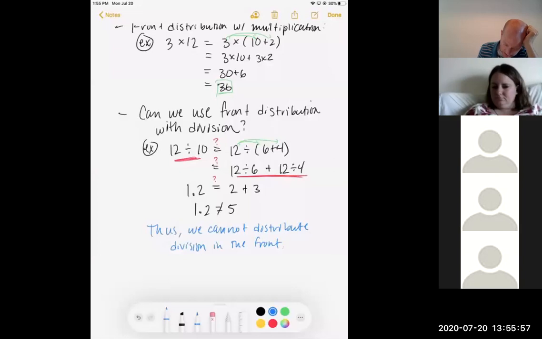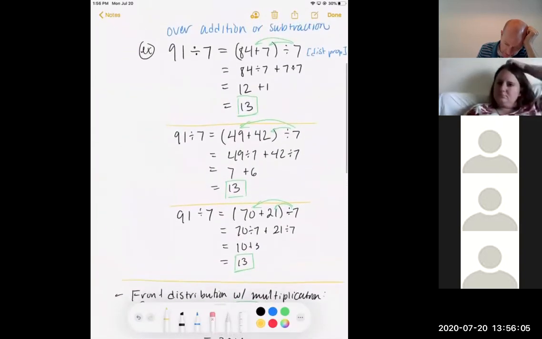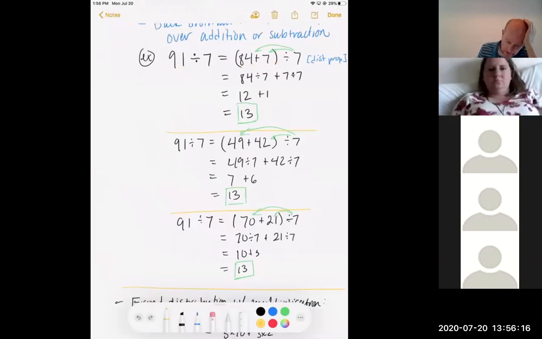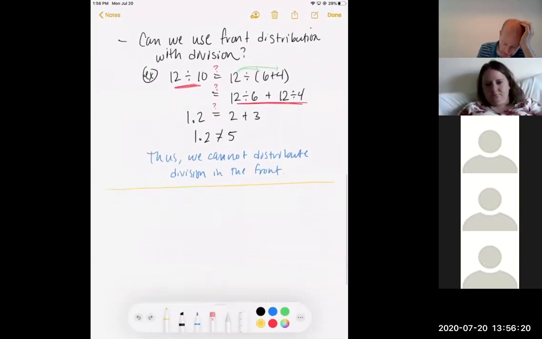Okay, so that was a little aside. Going back to our actual strategy, you break up the number into parts. We've got ways that we can break it up into a sum. Sometimes you can think about breaking the number into a difference.